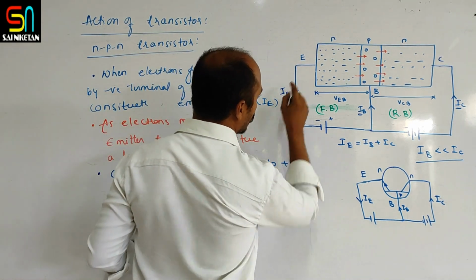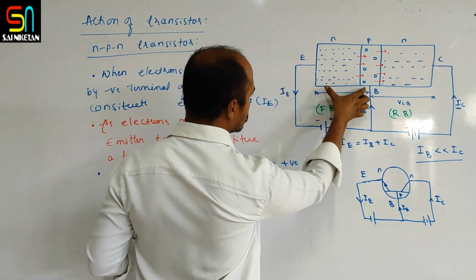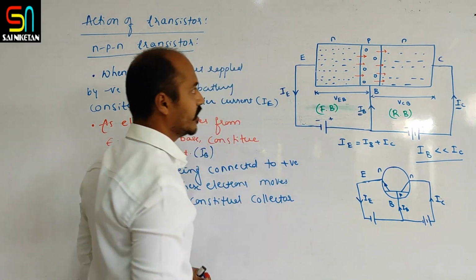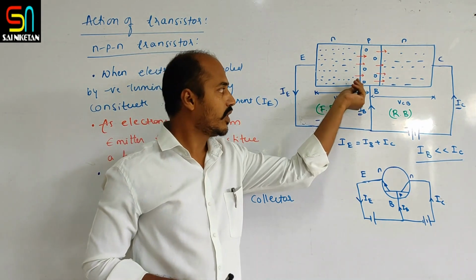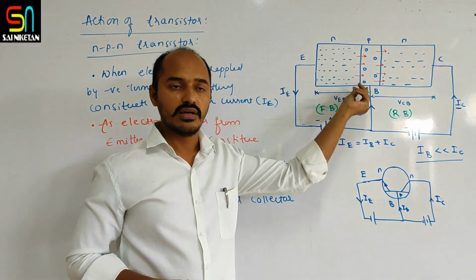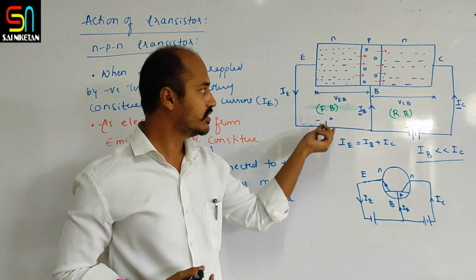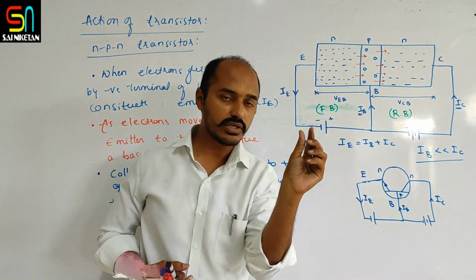As these two are in the forward bias condition, here one junction will be there, that is, a depletion region is there. Being in the forward bias condition, this depletion region goes on reducing.